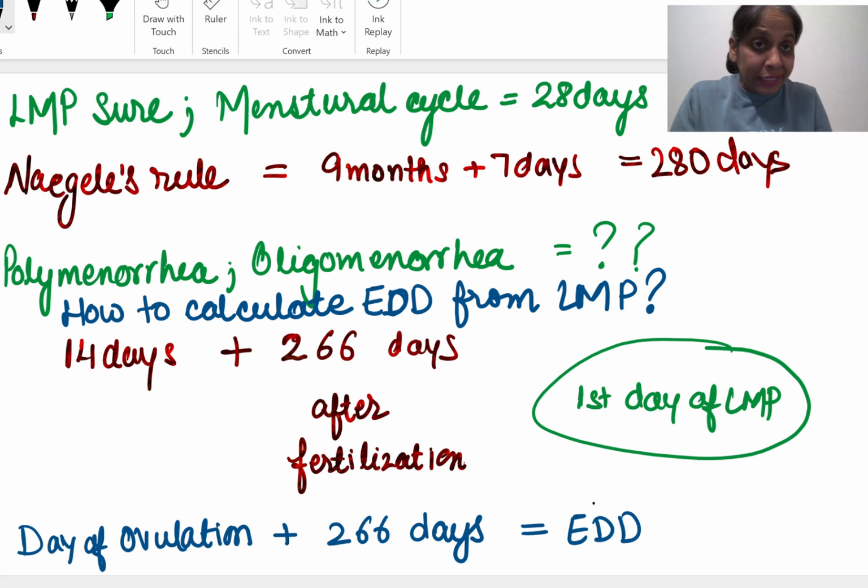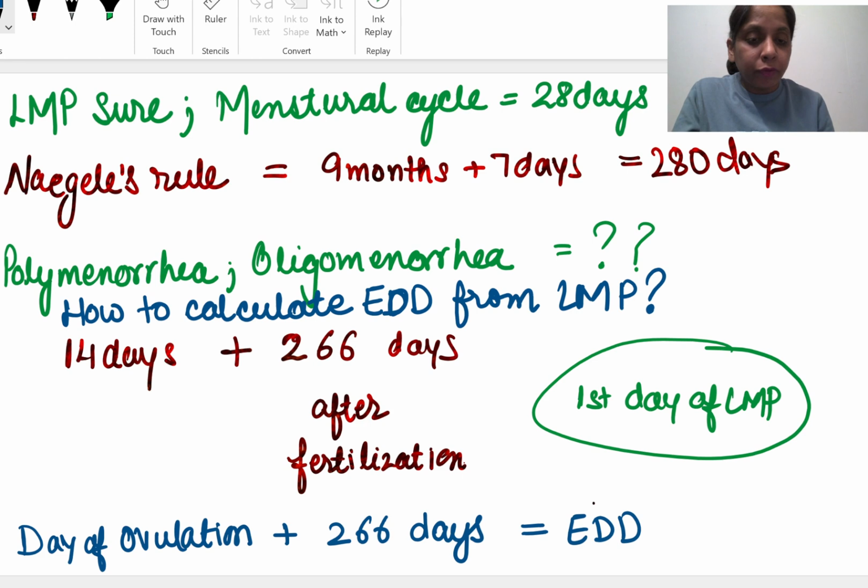Now in the 28 day cycle, the ovulation occurs on the 14th day, so we add 14 days plus 266 days after fertilization. In the polymenorrhea and oligomenorrhea cycle, we will calculate on what day ovulation is occurring, and then we will add 266 days, and that will be our EDD.